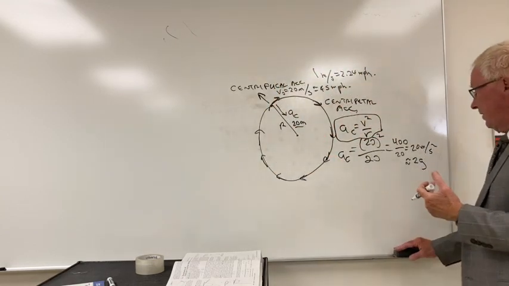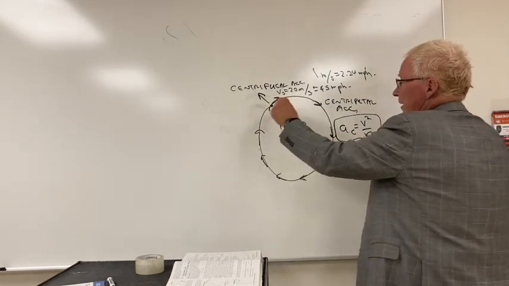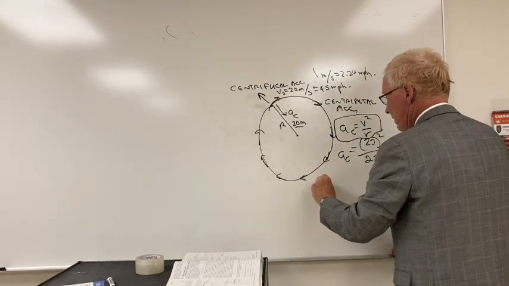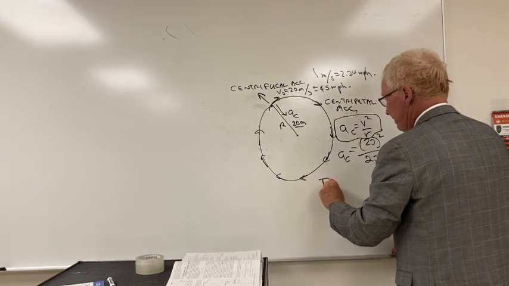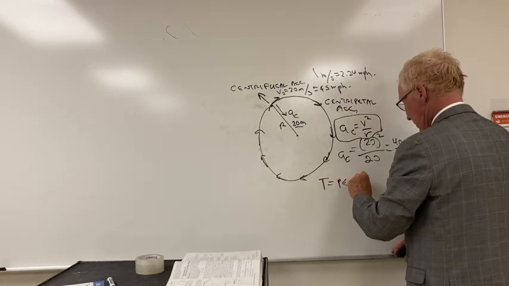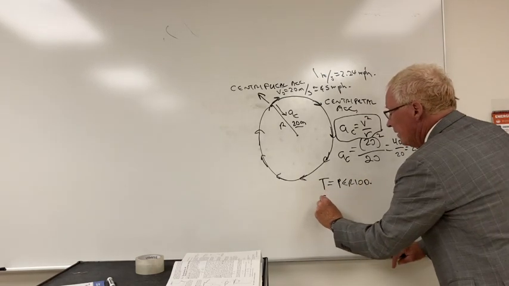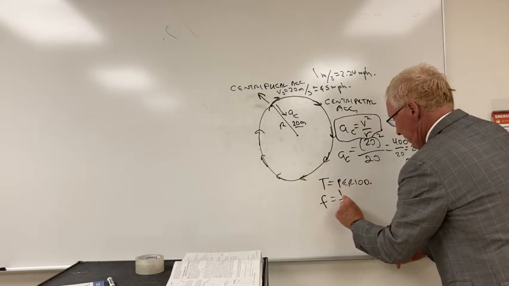Related to this, we're going to talk about going around one time, the time for one revolution. That's what we call the period. And we'll see this later on. And then the frequency is 1 over the period.